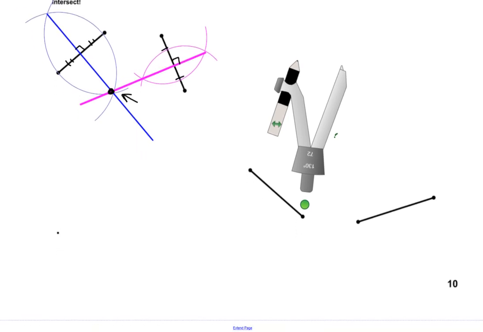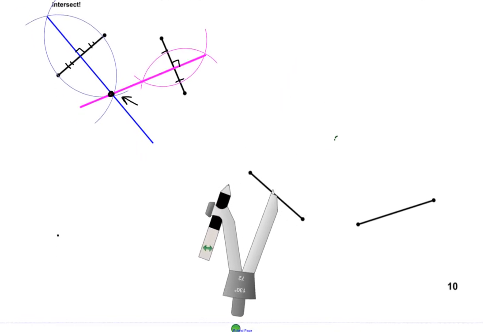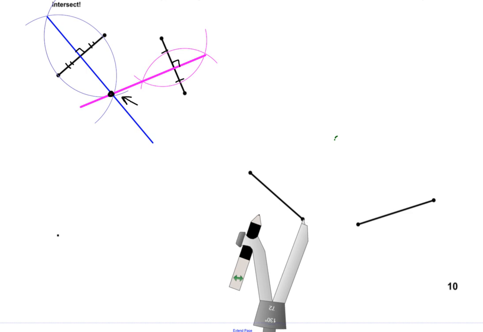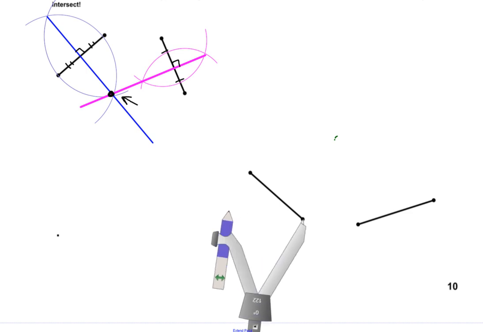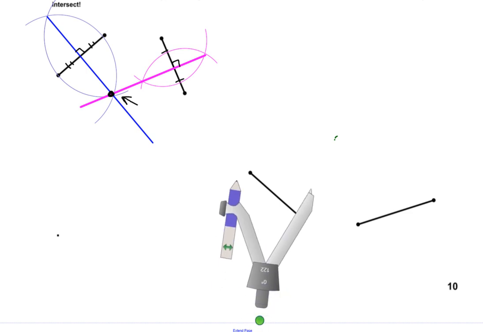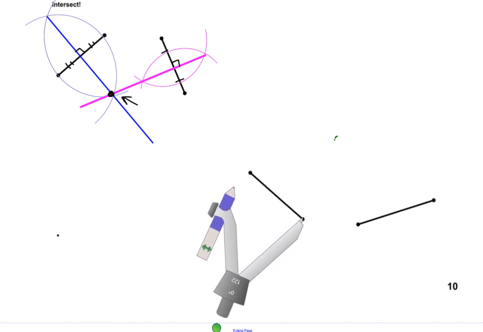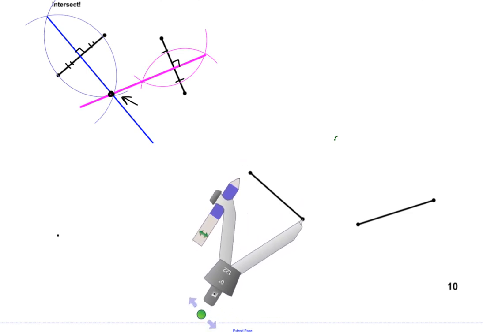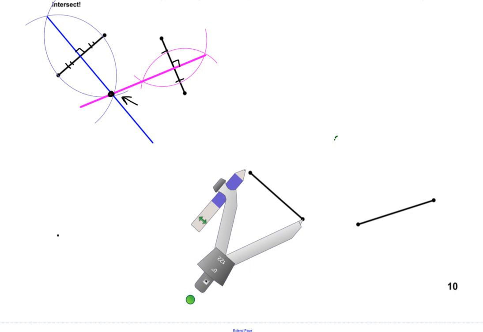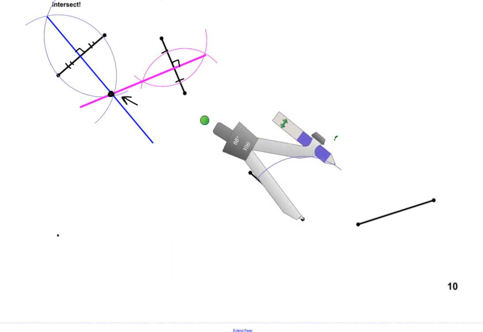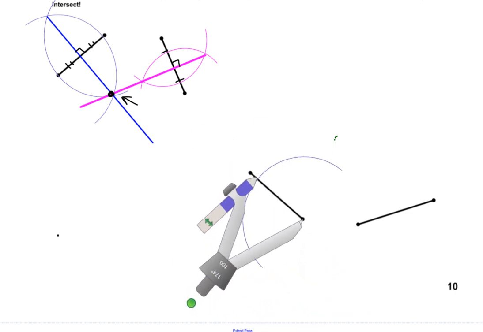Same motion, same thing. So we first need to find a length to make some arcs. Now we definitely don't want to go off the segment, but as long as we're more than half, we're good. Flip it, go to the other side.